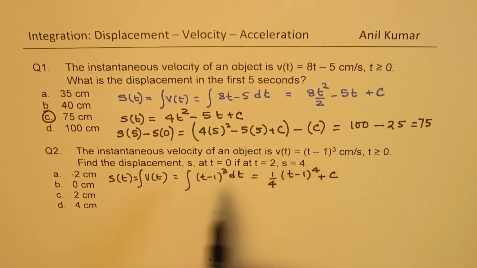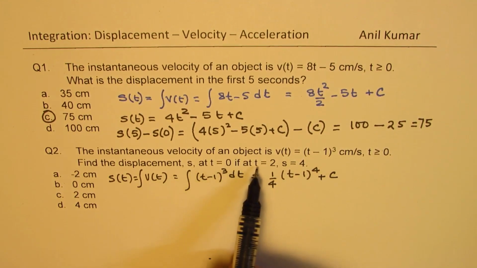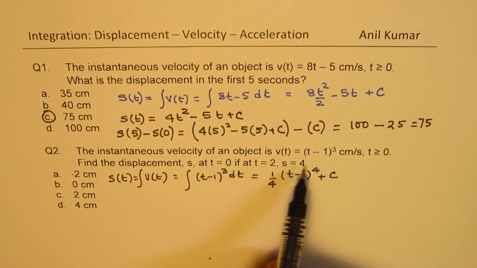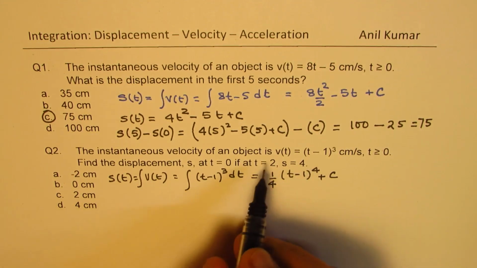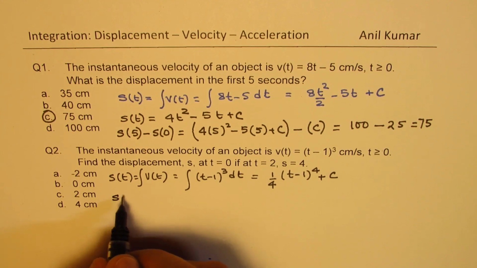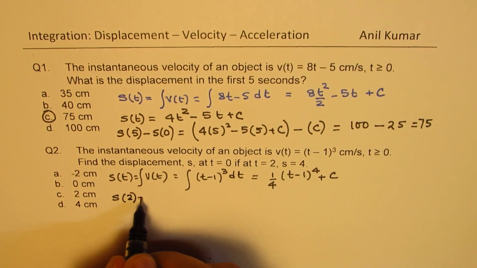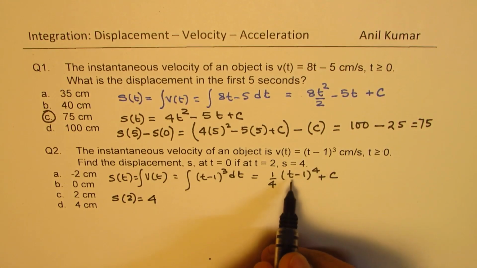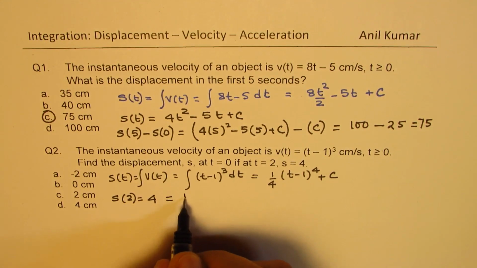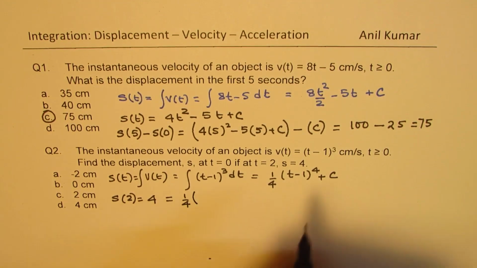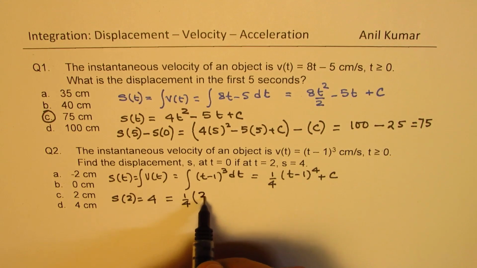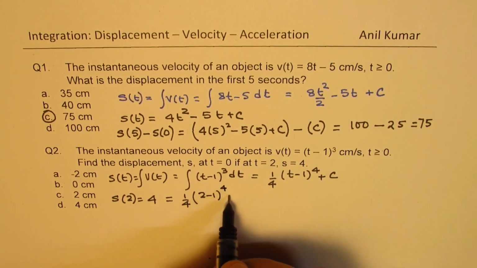Now we are given the initial condition that at t equals 2, s equals 4, so s of 2 is equal to 4. So we'll substitute 2 here. We have 1/4 of 2 minus 1 to the power of 4 plus c.